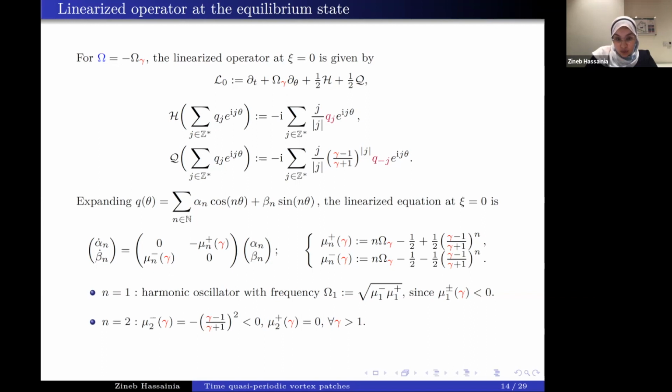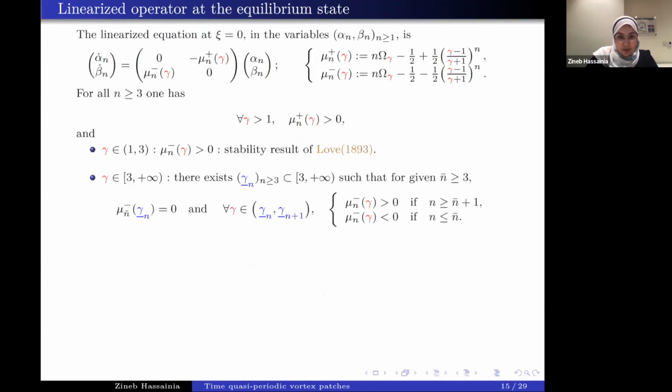For n equal to 2, however, the linearized operator is described by a degenerate Jordan block, because mu 2 plus is 0 for all values of the parameter gamma. And this is a major problem that I will come back to later, but let me continue with the other modes.